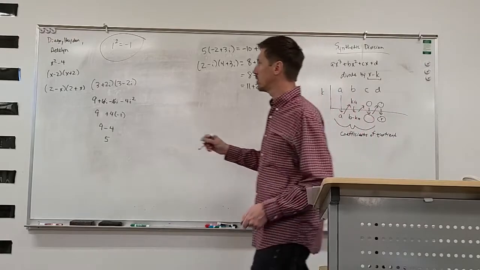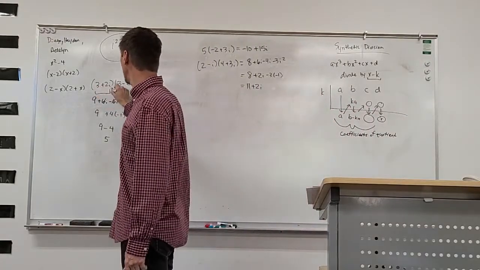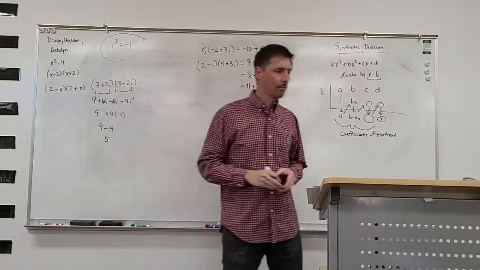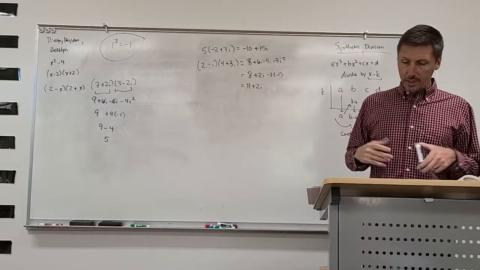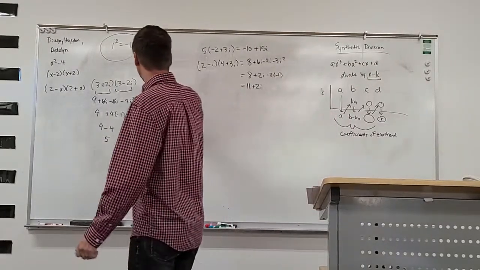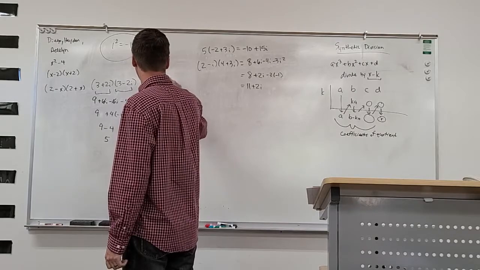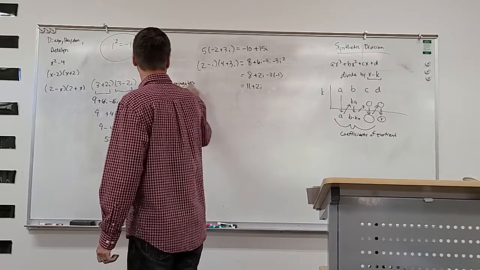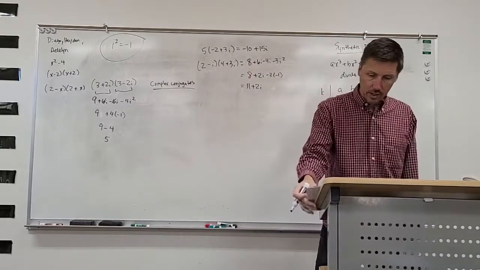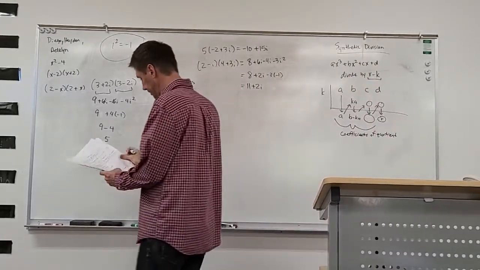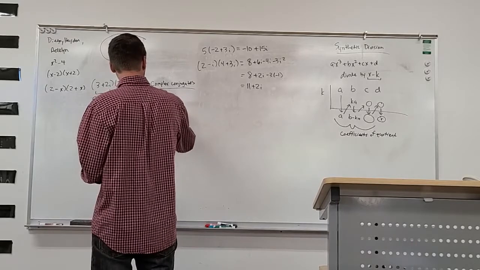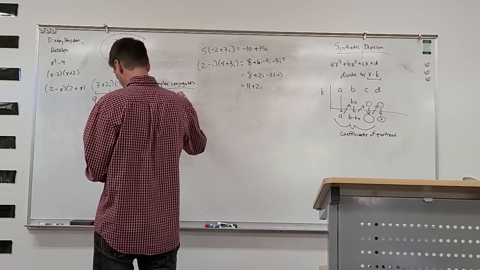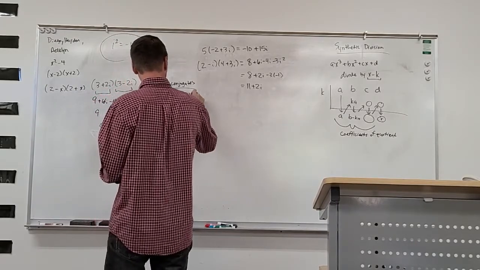And so these two numbers together are a special combination. They're called complex conjugates. Complex conjugates are two complex numbers multiplied times one another in this form.